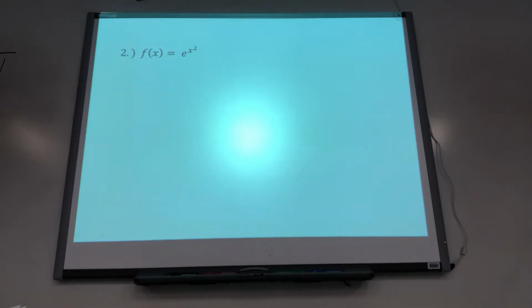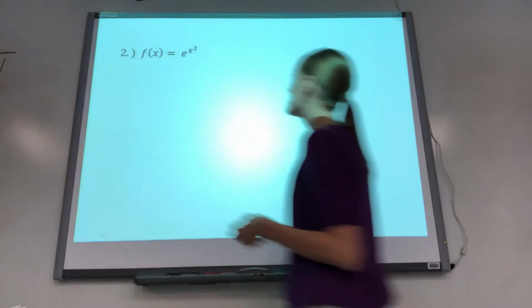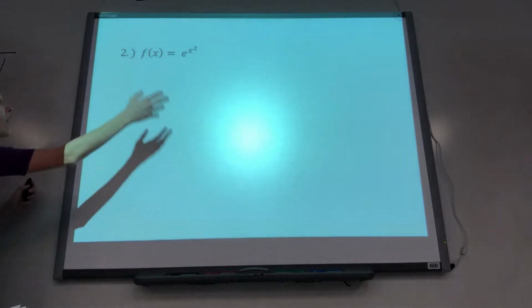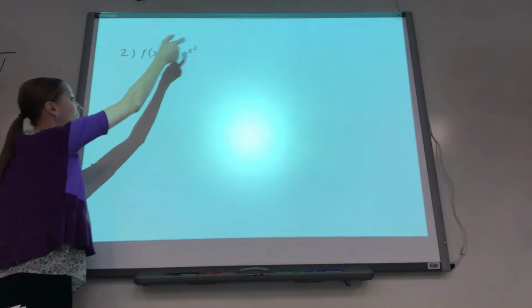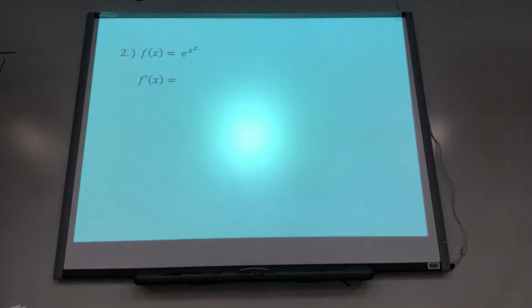All right, let's keep moving here. Example 2, f of x equals e to the x squared. It's not just e to the x, it's e to the x squared. So this is the u again, x squared is u.